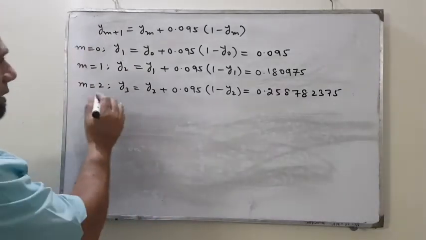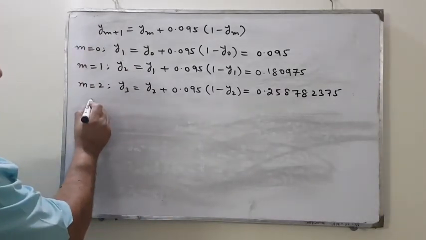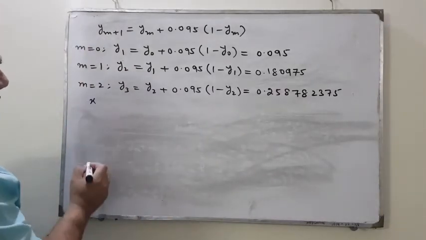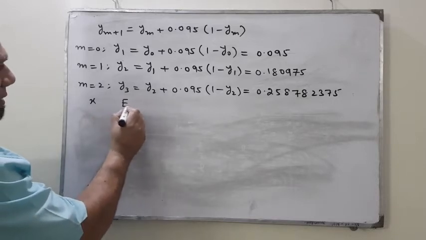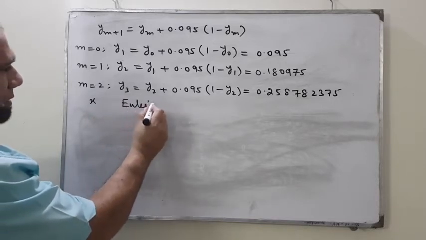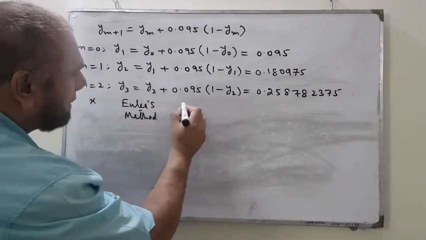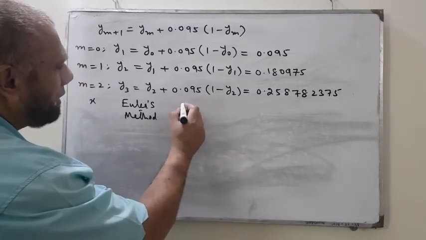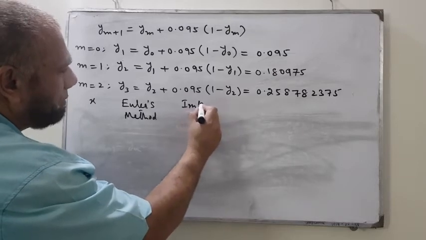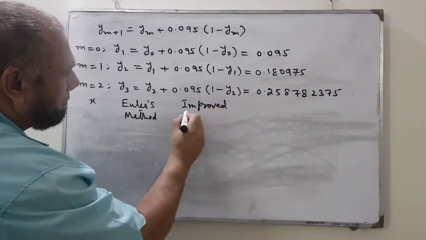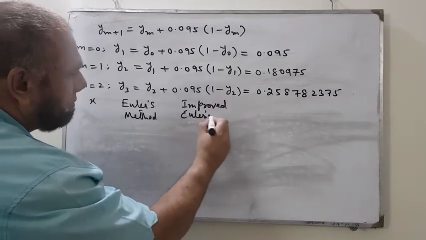So here we generate the ultimate table of values. The first column will be of x, the second is for Euler's method, which we have done in the last lecture, and the third is the improved Euler's method.